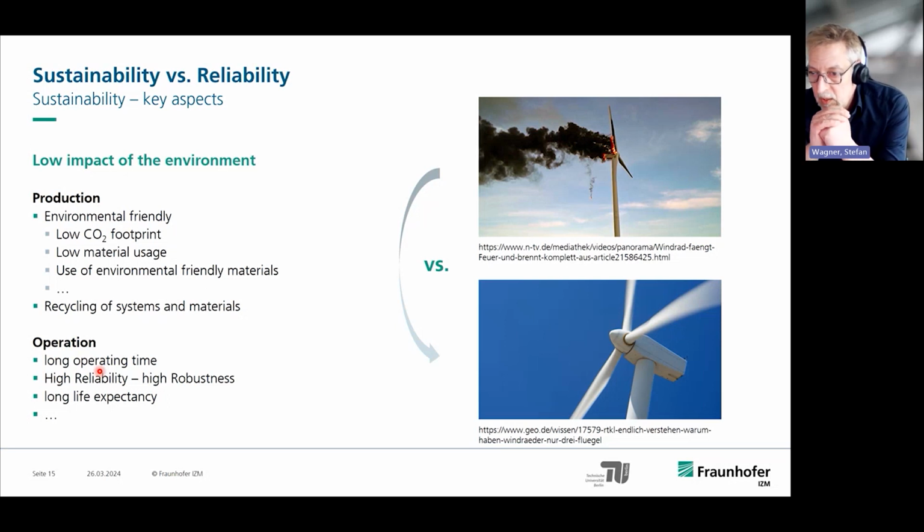In your production, you want an environmentally friendly production, a low CO2 footprint, low material usage, and mostly environmentally friendly materials. And at the end, your system has to be good to recycle. And on the other side, you want a long operation time, which means you need a high reliability and a high robustness.